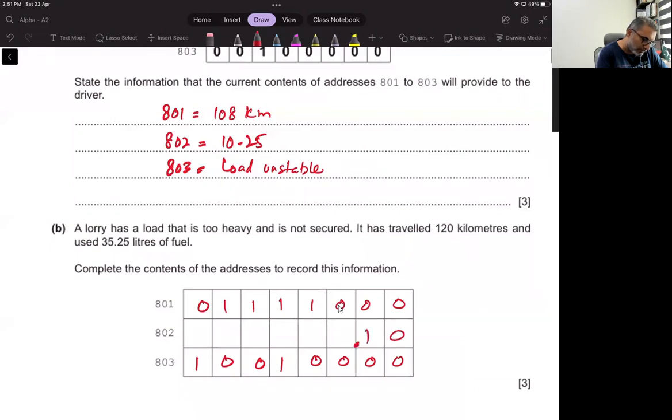So this is 0.25, and 35 is basically 1, 2, 4, 8, 16, 32. So this is 35.25.